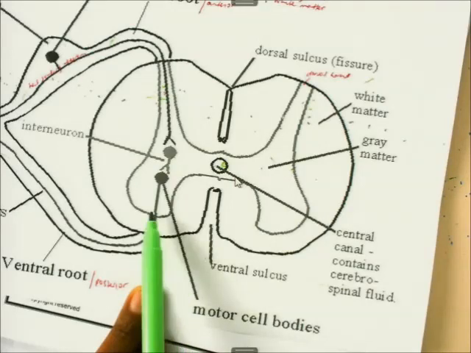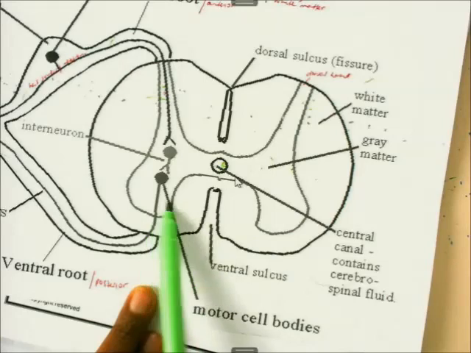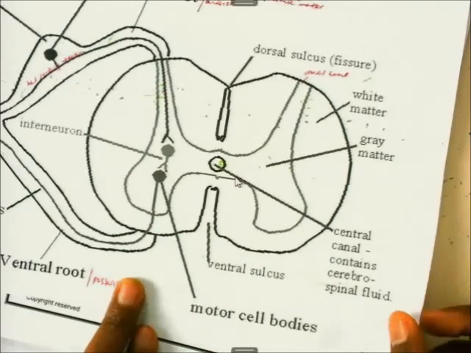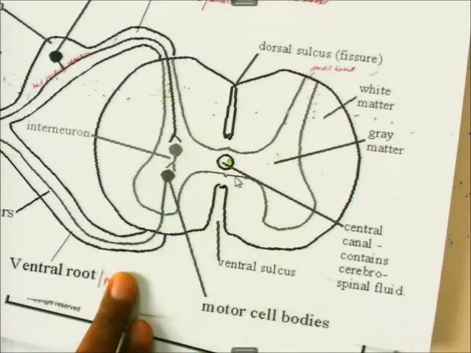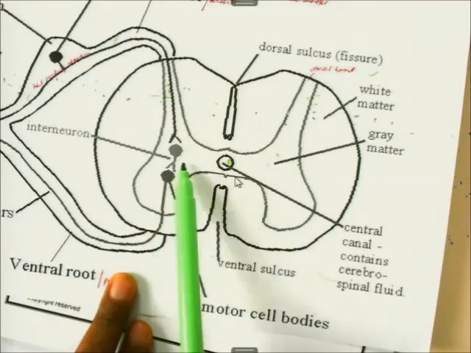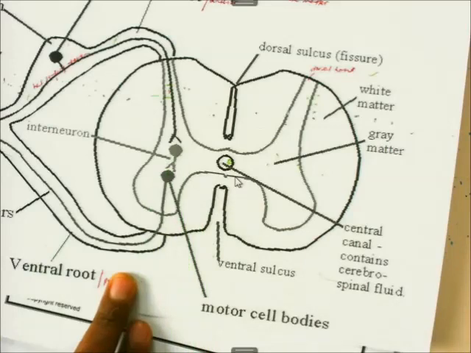And if you don't want to call these the ventral horns, you can call them the posterior horns. In this H-shape, we find mainly the type of neuron called the interneuron.